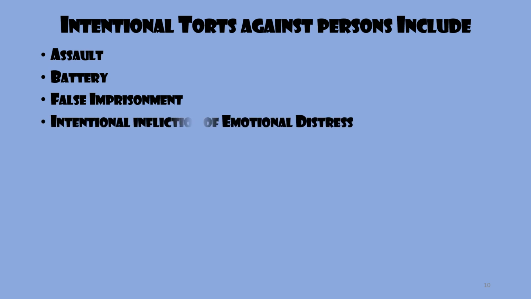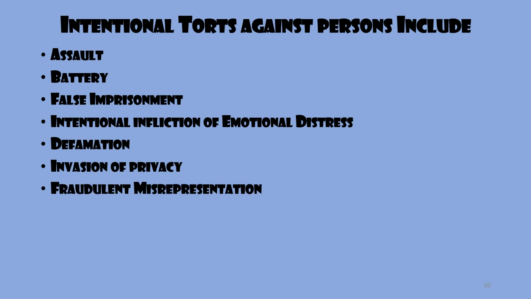Now, the intentional torts against persons include assault, battery, false imprisonment, intentional infliction of emotional distress, defamation, invasion of privacy, and fraudulent misrepresentation. We're going to start with one of my favorites.